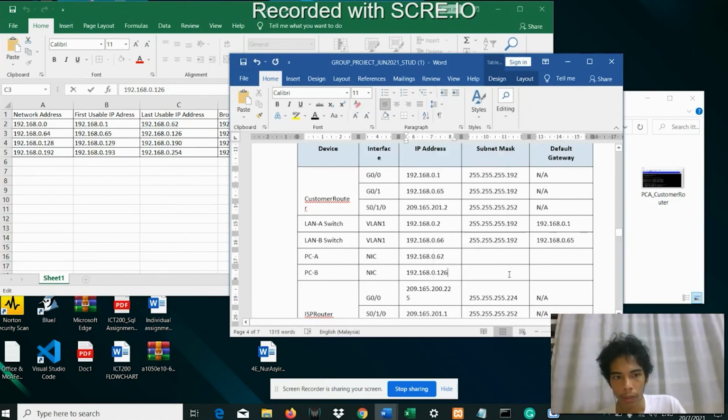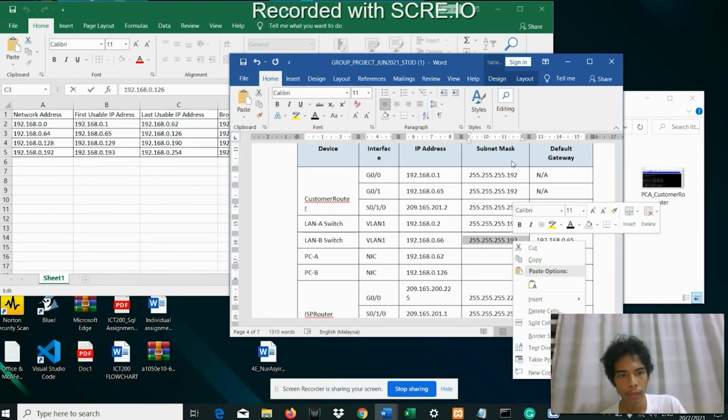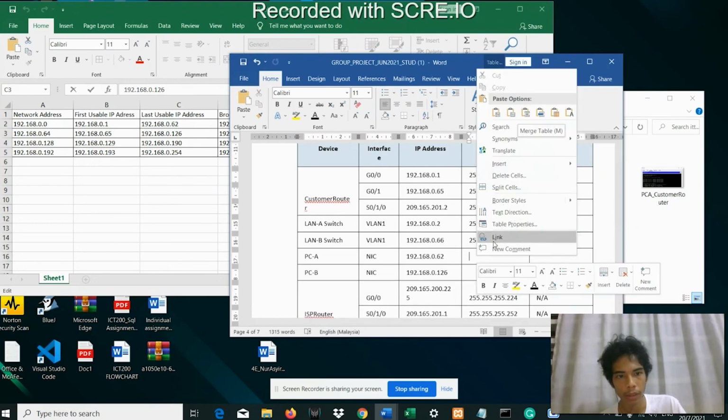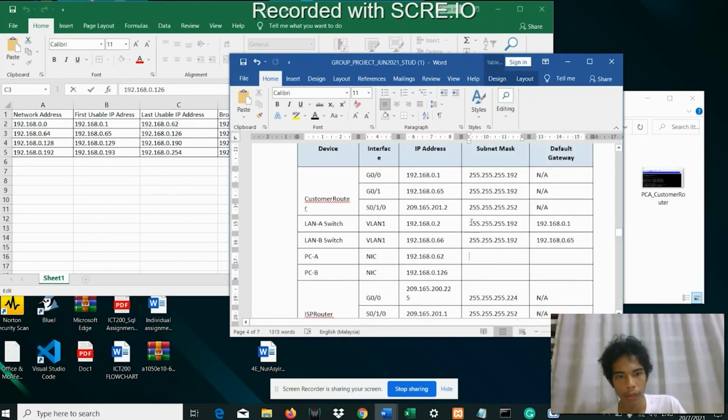The subnet mask is also the same for both PCA and PCB. Now we just need to copy and paste.